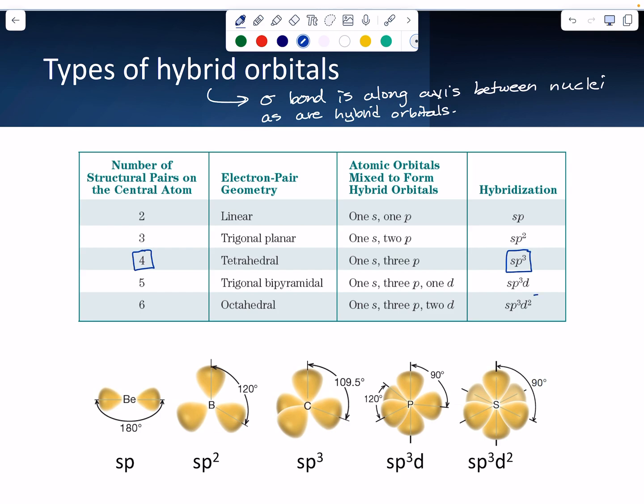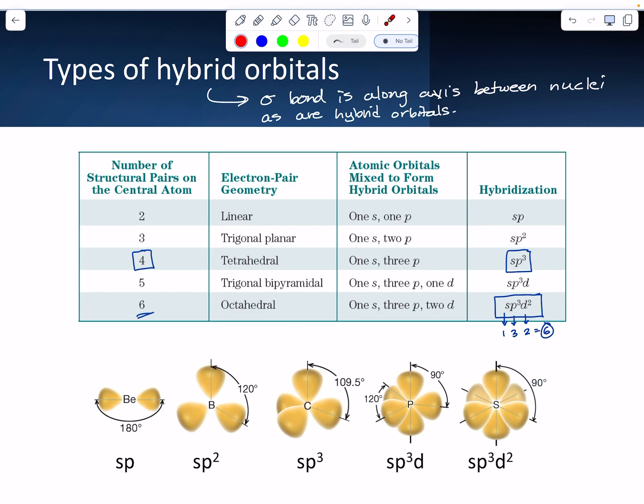So if we go down to our octahedral geometry, when we say we have sp3d2, this is one thing, this is three things, this is two things, that adds up to 6. So we've got sp, sp2, sp3, sp3d, and sp3d2 for our 2, 3, 4, 5, and 6 things attached to your central atom. And these are what the shapes look like.